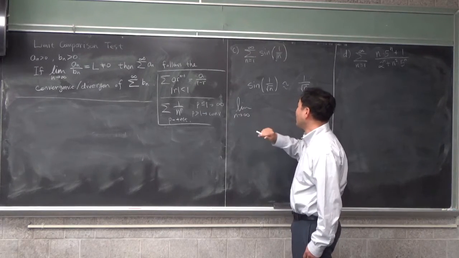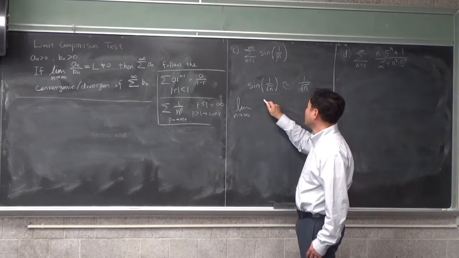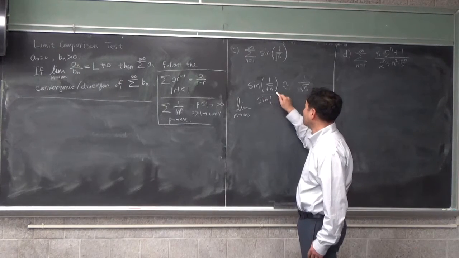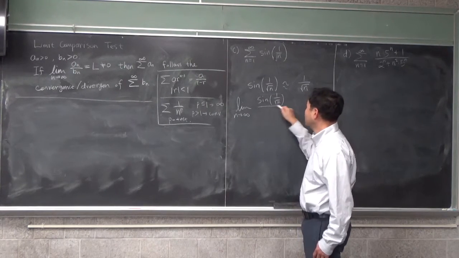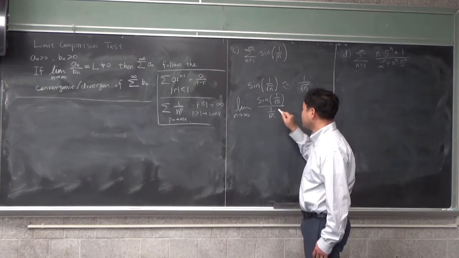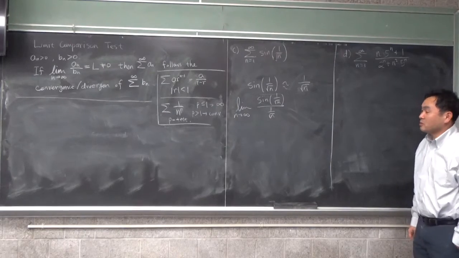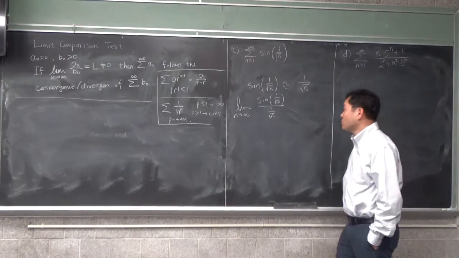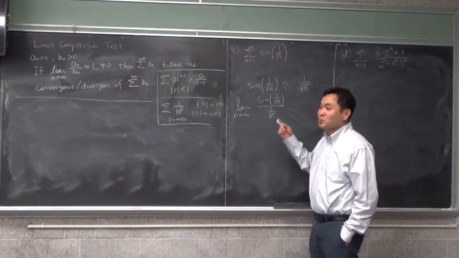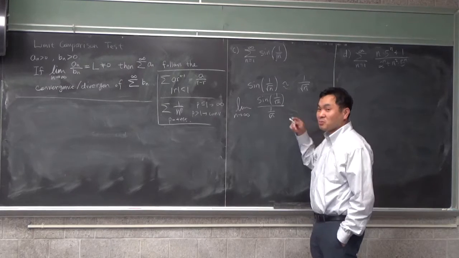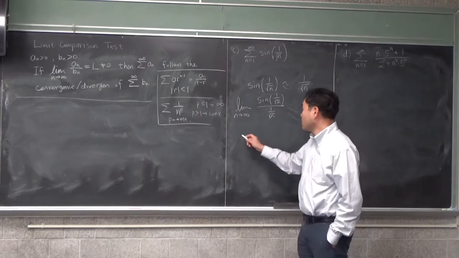of sine of 1 over square root of n, divided by 1 over square root of n. Well, we're already convinced that this should be 1, but if you're not convinced, you can do the following.